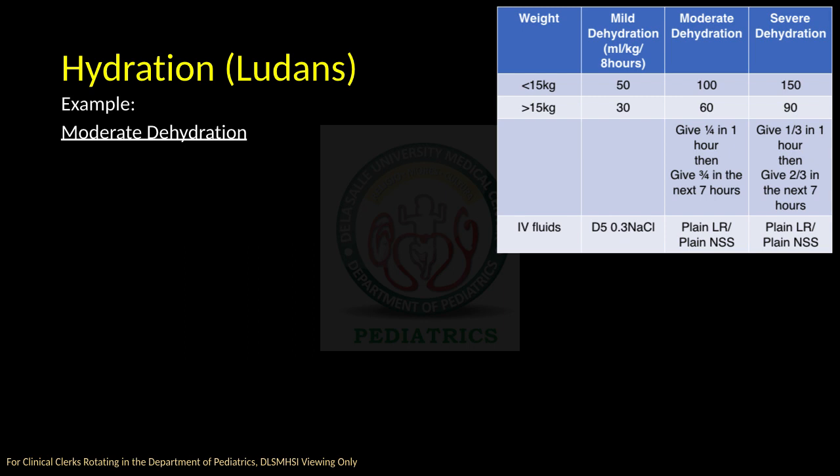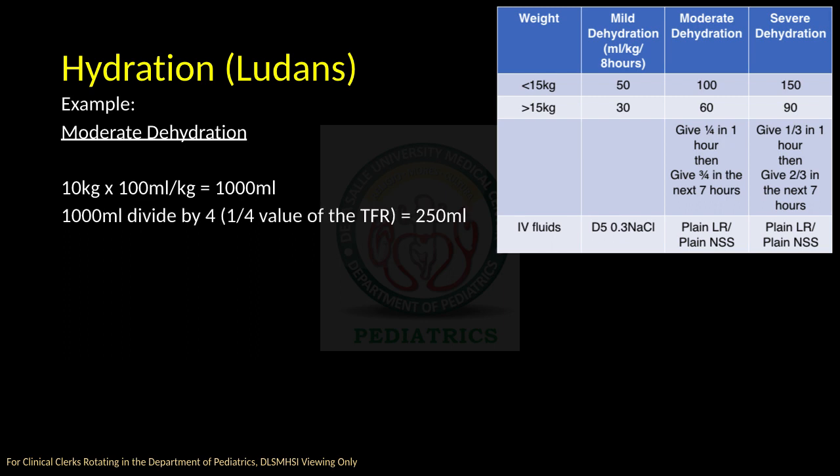For moderate dehydration, again we have a 10 kilogram child, multiply that by 1000 and you will get 1000 ml or cc product. Then divide that by 4 to get the 1/4 value of the total fluid requirement, and you will have 250 ml. So order in the chart plain LR or plain NSS 500 cc, which is the stock dose of plain LR or plain NSS, although there is also a stock dose of 1 liter for each type of fluid.